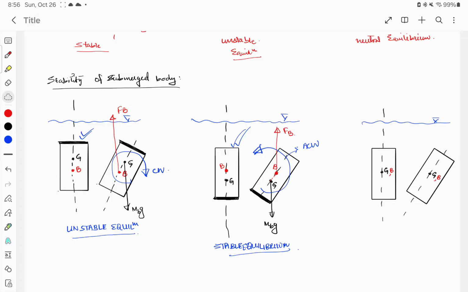Center of gravity and buoyant center positions will not change, which means that the force of gravity, that is mass of body into g, and the force of buoyancy Fb will be acting on the same point, and it will not create any couple. If it does not create any couple, it means that the body after disturbance will remain at the same position, which is what we studied in the neutral equilibrium case.